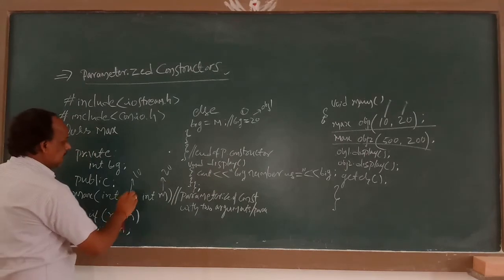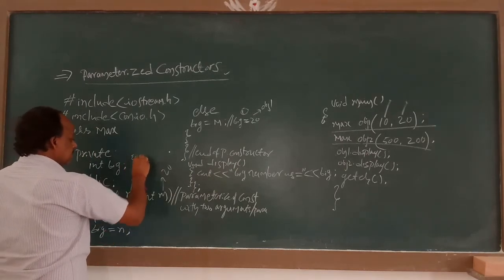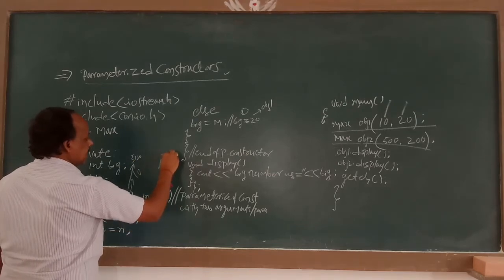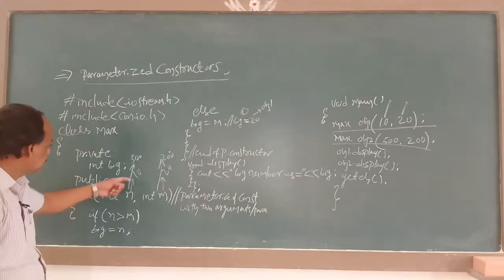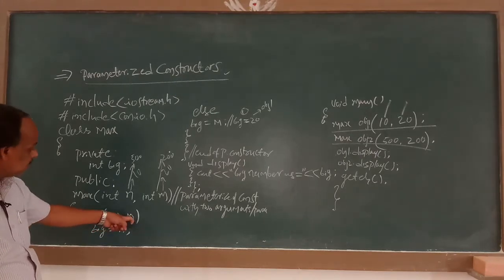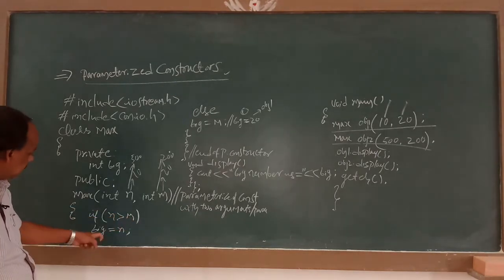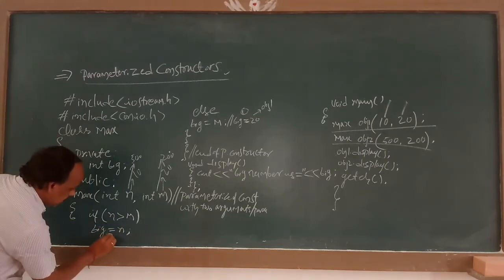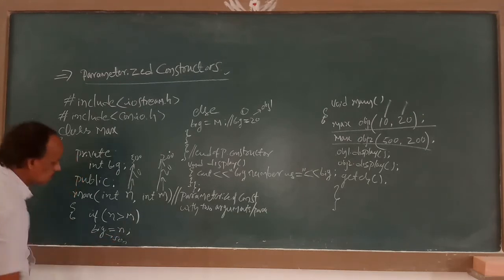Then n value becomes 500, m value becomes 200. See here, n is greater than m, 500 is greater than 200? Yes, so big equal to n, that is big equal to 500 is stored.